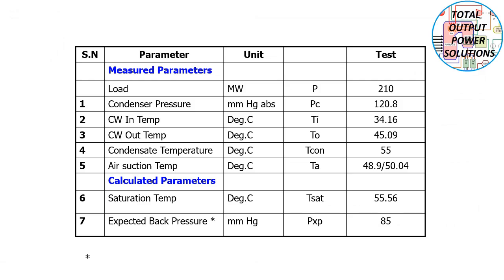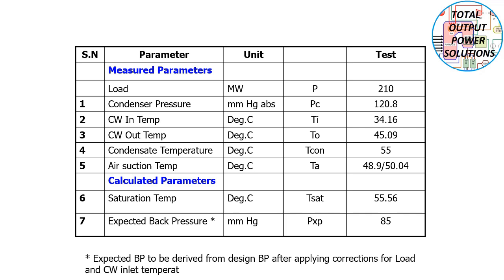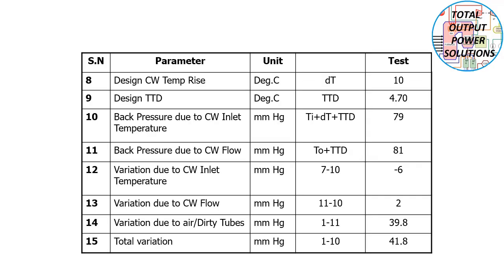Now this is another case wherein you have the design and the test parameters also. Herein you can see the load, condenser pressure, CW in and out, condenser temperature, air suction temperature, and the calculated parameters on the saturation temperature, then expected back pressure, then the design CW temperature rise, design TTD, and back pressure due to CW inlet.